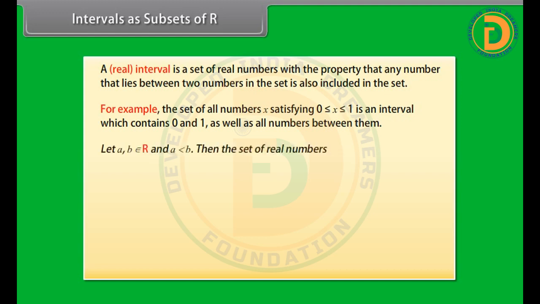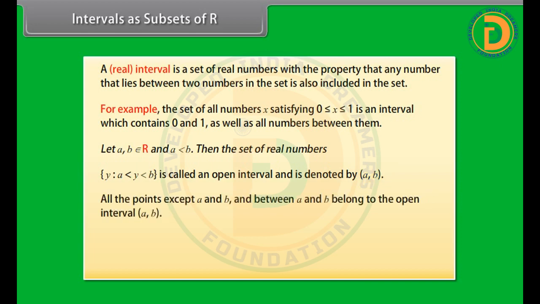Let A, B belong to R and A less than B. Then the set of real numbers y such that A is less than y is less than B, is called an open interval and is denoted by A, B. All the points except A and B and between A and B belong to the open interval A, B.